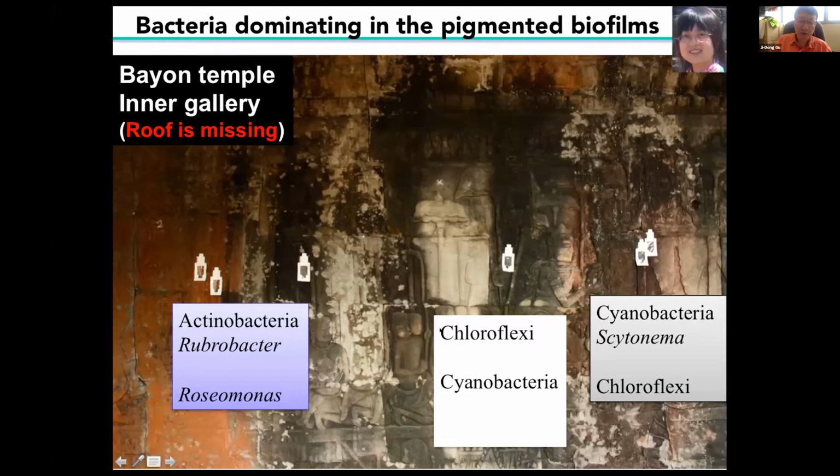So what we do, when we started working on protection of Angkor Wat and Angkor Thom and also other temples, we go to the temple and do sampling. This is something I'm going to talk about in terms of technically how we did it.